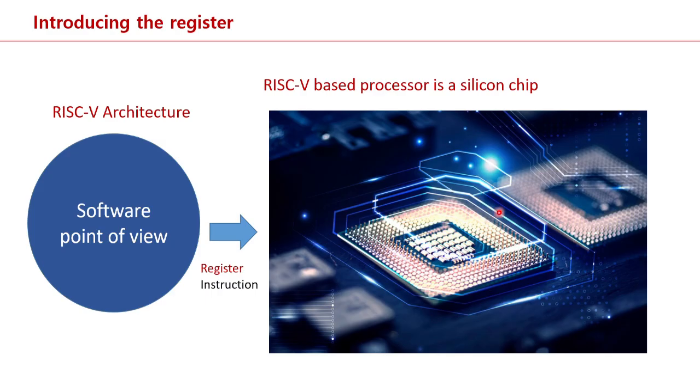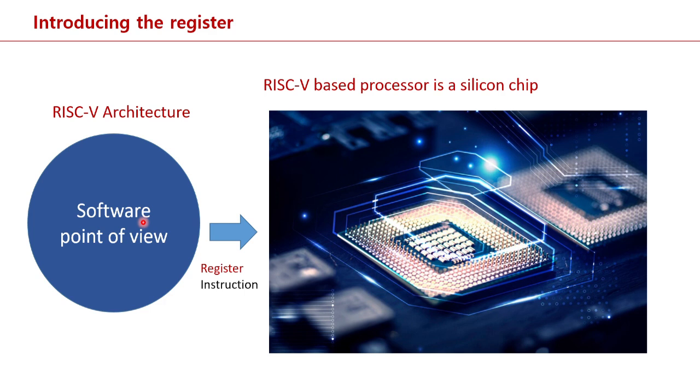Now let's think about the processor from the second perspective, that is, based on software. From the software viewpoint, the processor can run machine code. Machine code is the lowest-level code that the processor can perform.